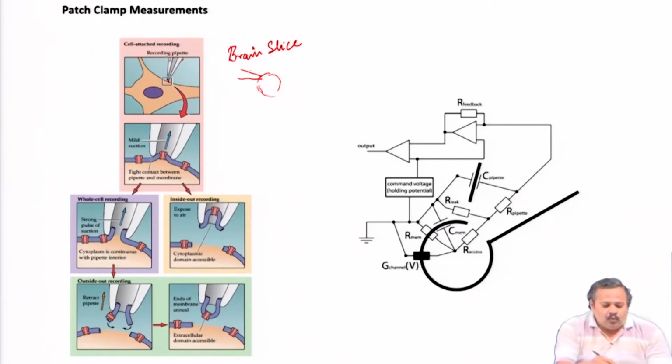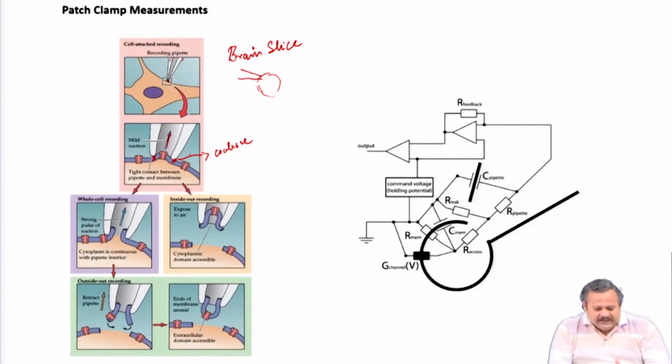Then with mild suction, as shown here, the membrane is pulled up to coalesce to the sides of the electrode, and this becomes a tight contact point. That is, there is hardly any leakage. Ideally there should be no leakage of ions through here.